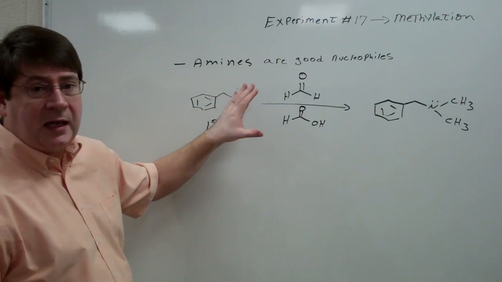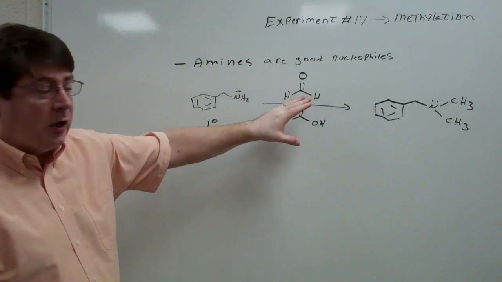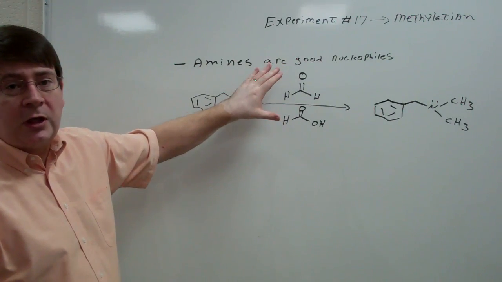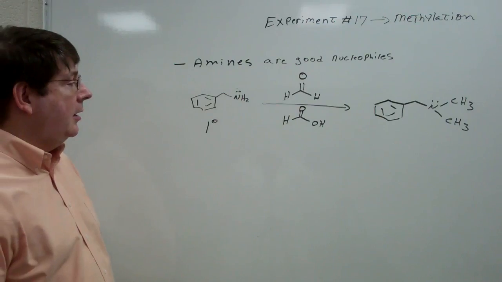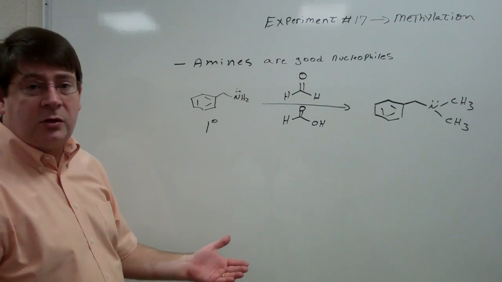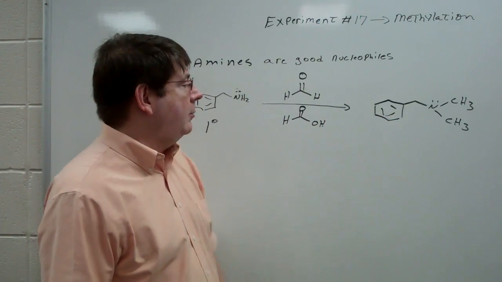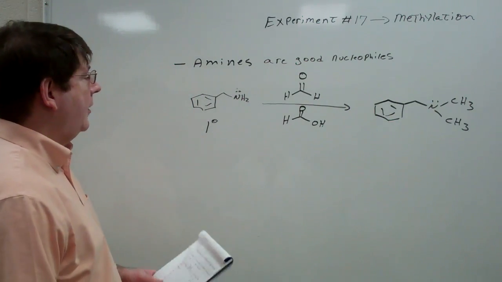You mix these things together, basically heat them up, and you get the product. The yield here is very good, and this procedure is adapted from a Journal of Chemical Education paper that you need to read before coming to class. So make sure you get that downloaded. You have to use the USM Campus Network. Make sure you get that paper and read it before coming to class. It's only about a page and a half long, so it shouldn't take that long.